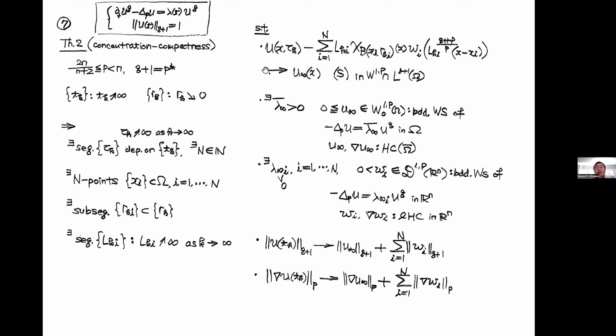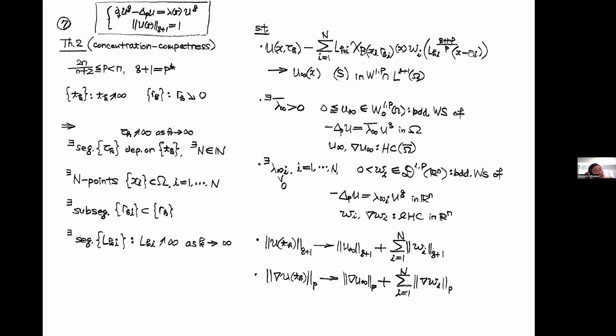Now, I want to show the asymptotic behavior of solution U along the time sequence tau k. So this is the solution along the time sequence, U(x, tau k), converging as time goes to infinity. As k tends to infinity, U(x, tau k) converges to the second term and the third term.